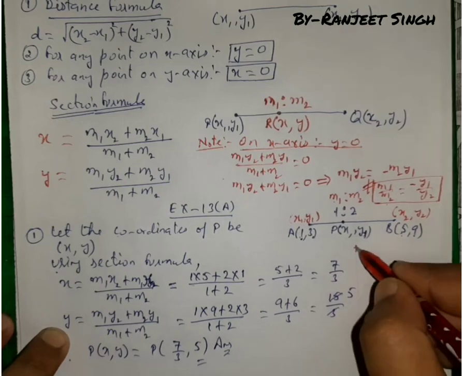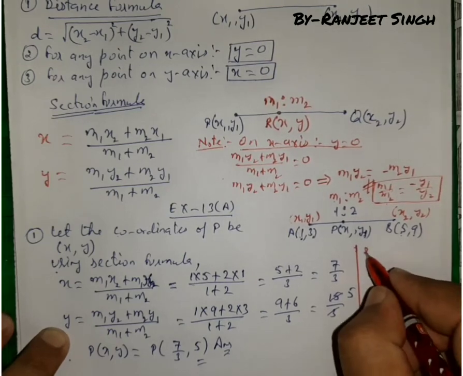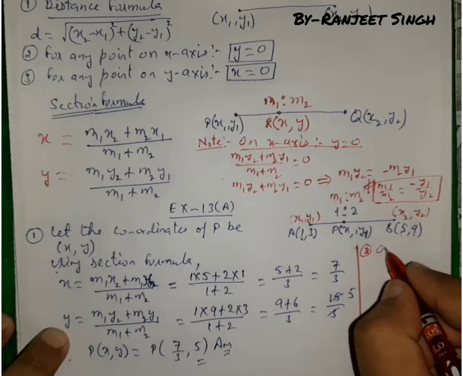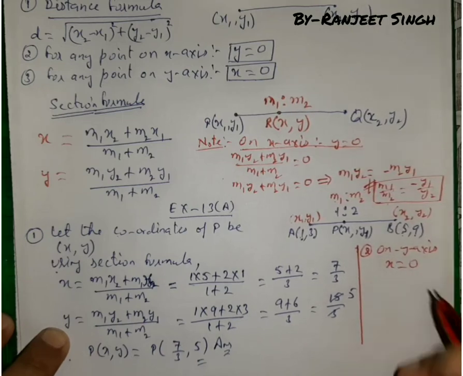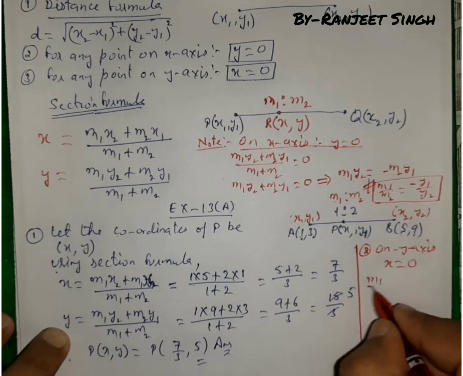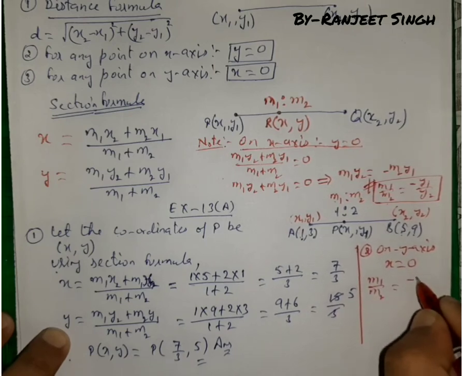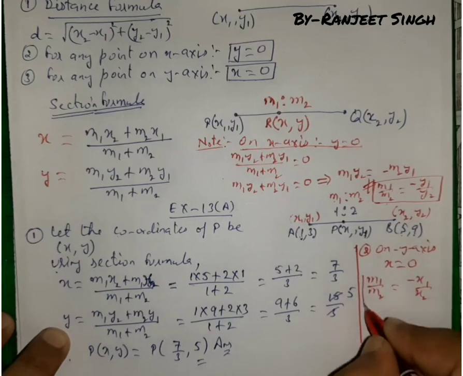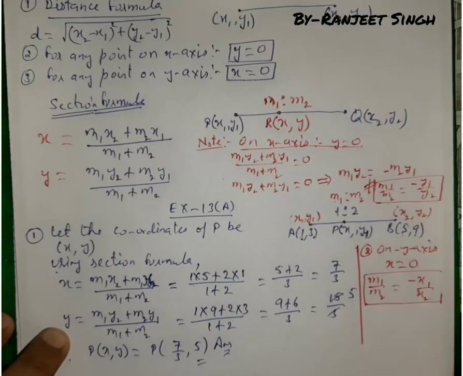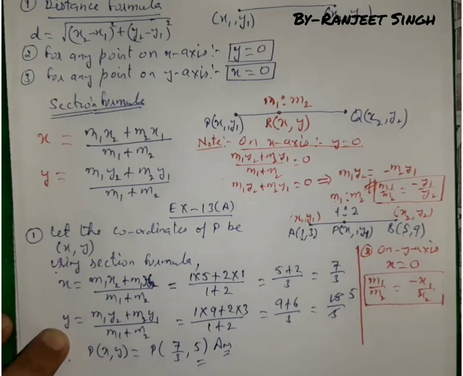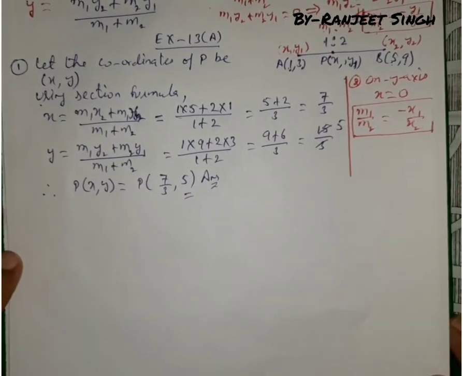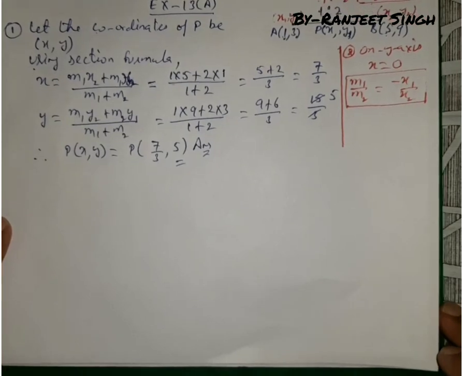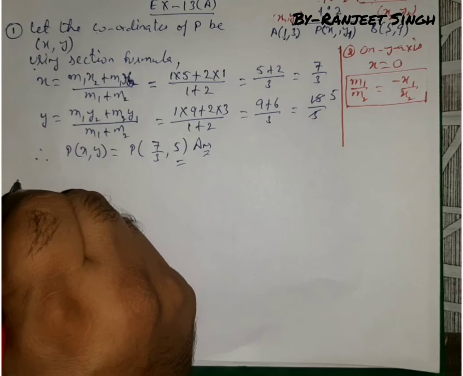And now the second point to note is, on y-axis we have x is equal to 0 and the ratio we will get is m1 over m2 equal to minus of x1 over x2. Now I am moving on to the solution part of the question. So I am taking question number second.